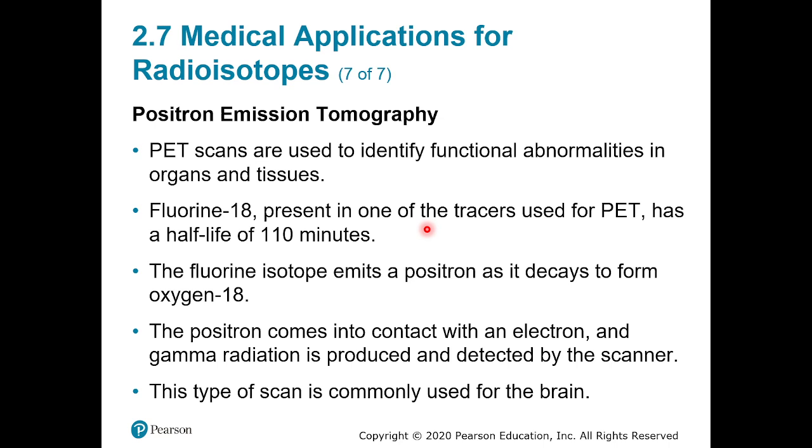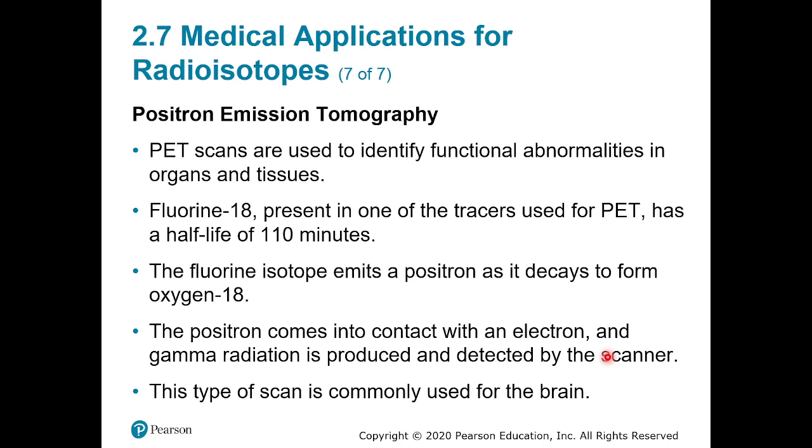The fluorine isotope is going to emit a positron as it decays to form oxygen-18. The positron is going to come in contact with an electron, and gamma radiation is going to be produced. It's then going to be detected by a scanner, so we can narrow down in 3 dimensions where it happened.